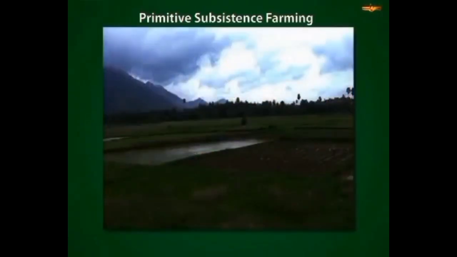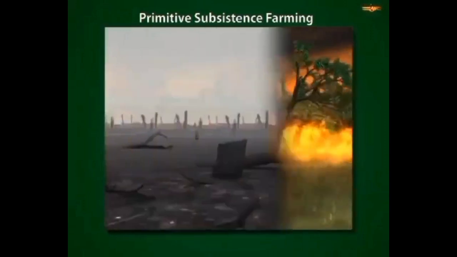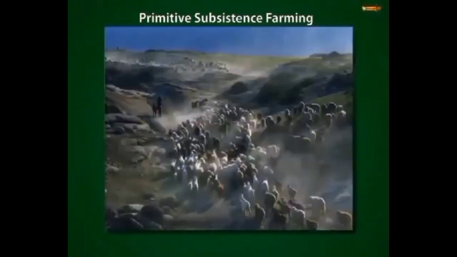This type of farming depends upon monsoon, natural fertility of the soil, and suitability of other environmental conditions for the crops grown. It includes shifting cultivation and nomadic herding.